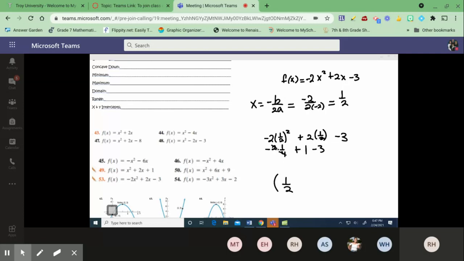So that gives me a negative 1/2 minus 2. It's 2 with the denominator of 2. So what do I get? Negative 5/2. Yes? Okay.